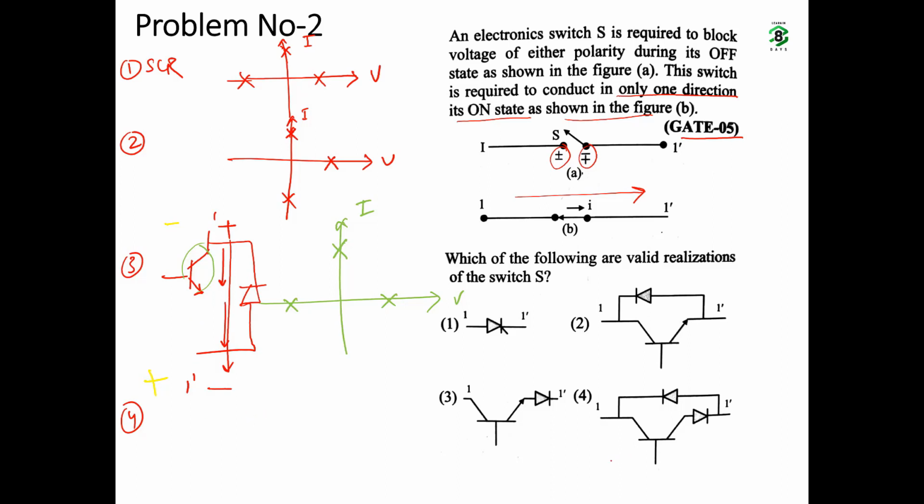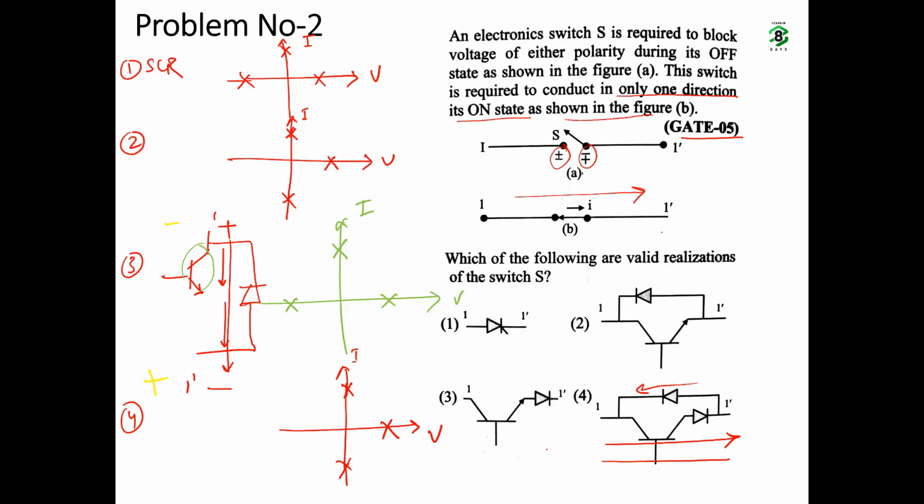You see, only in this option, due to the presence of this anti-parallel diode or body diode, it will not block the reverse polarity voltage. That is, it will block only one polarity of voltage, and it will allow the current flow in both directions. Positive current flows through this device, that is BJT and diode, and negative current through the anti-parallel diode, but it will not block the negative voltage.